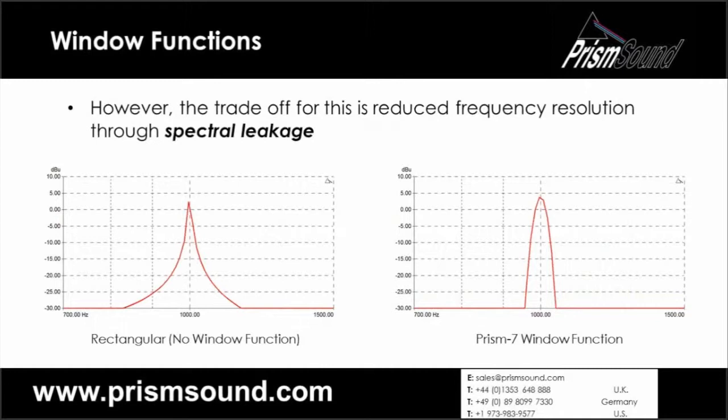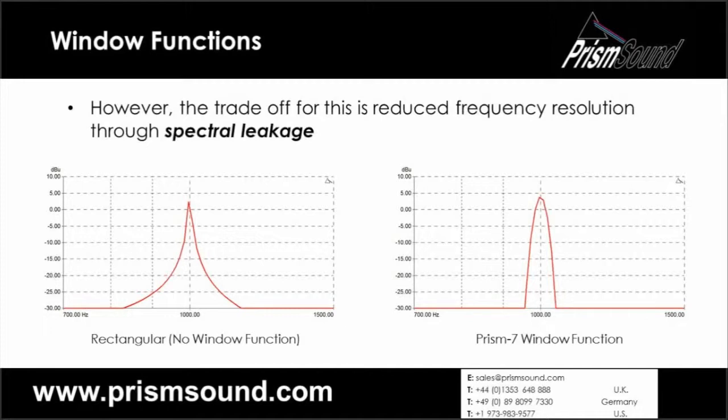You can see on the left with the rectangular window, we've got a nice sharp peak, but the side skirts come up quite quickly. Whereas on the one with the Prism 7 window, you don't get as much side skirts. You've got a much better dynamic range, but the peak itself is actually a bit rounded over, and it's harder for us to identify exactly what frequency we're looking at.